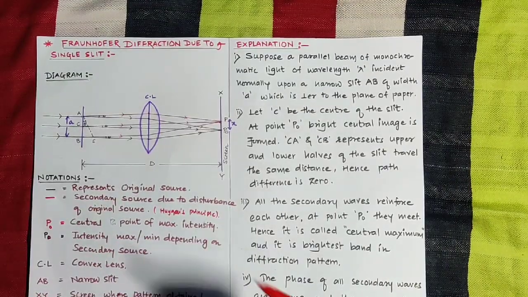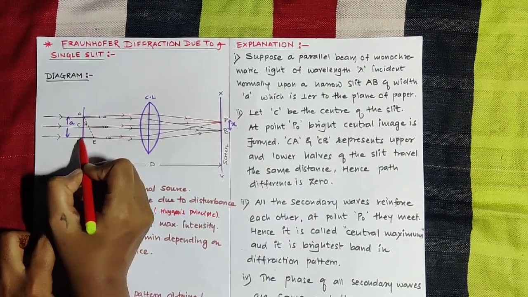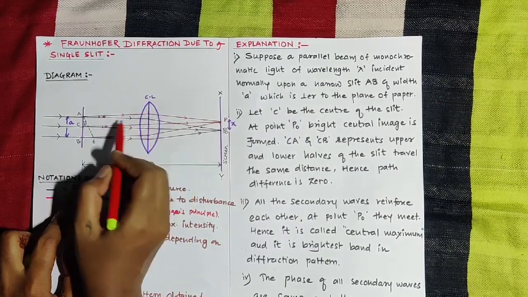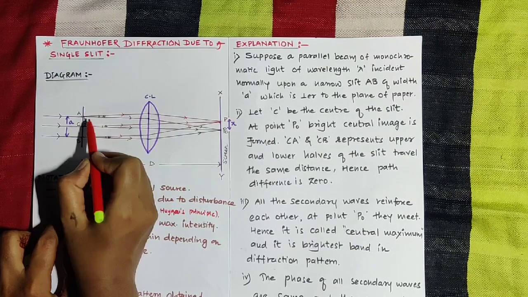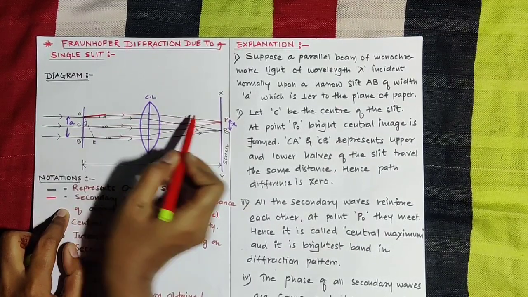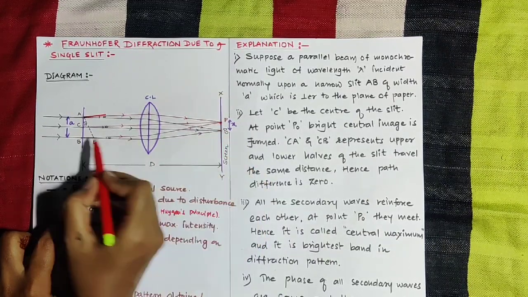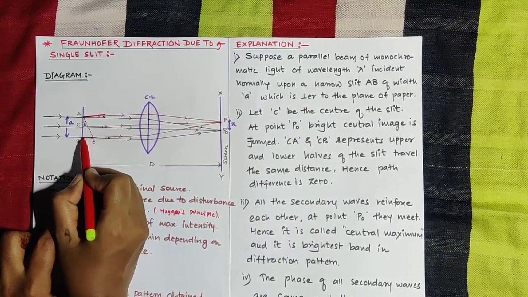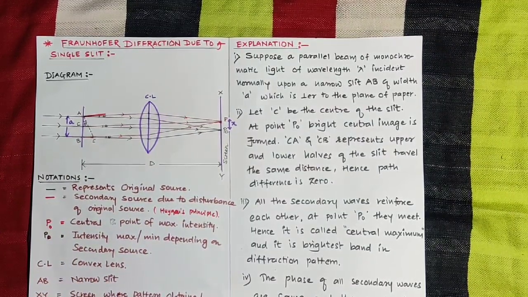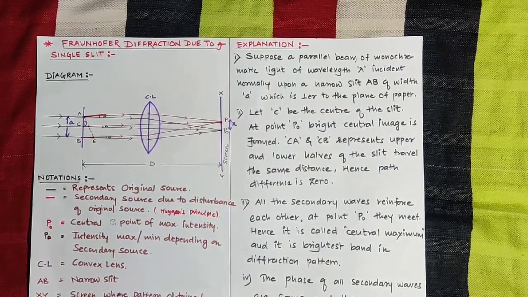Look here. AB is a narrow slit, and when the secondary sources, the red lines, are produced, they touch the original source, then travel and meet at point P. Because of that, this distance represents a path difference of a particular value.